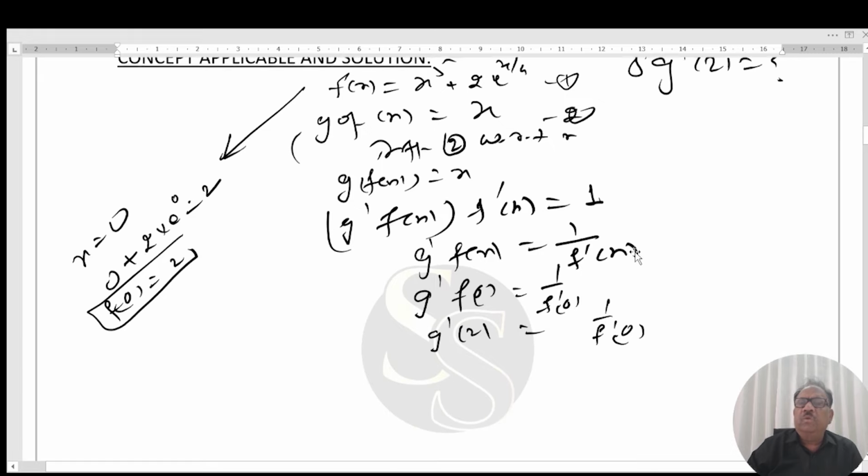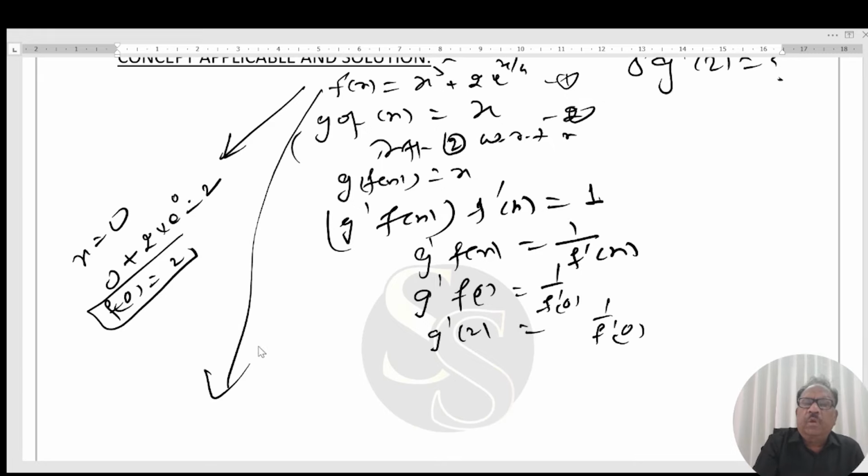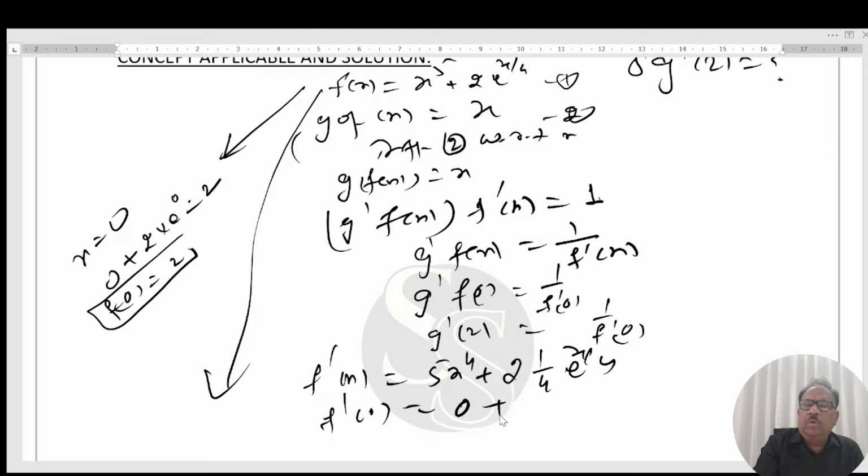To find f dash 0, differentiating this with respect to x, f dash x equals 5x to the power 4 plus 2 into 1 by 4 e to the power x by 4. f dash 0 is 0 plus 1 by 2 into e to the power 0, that is 1 by 2.